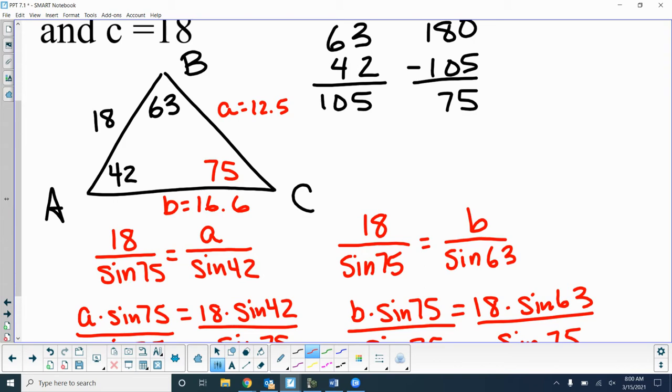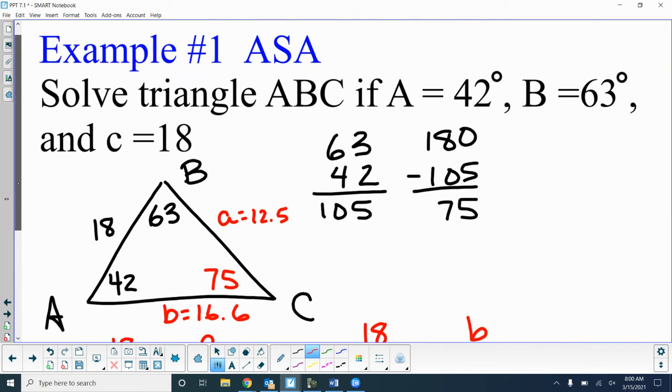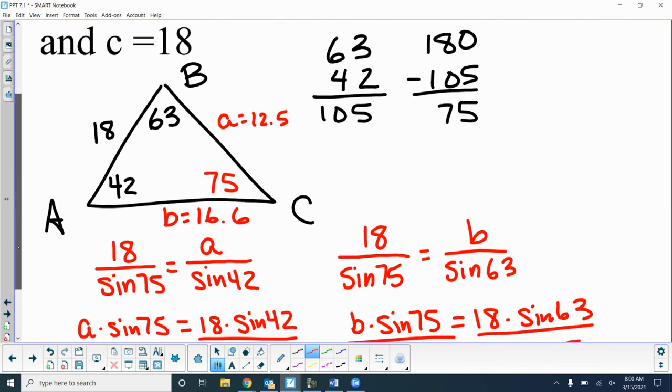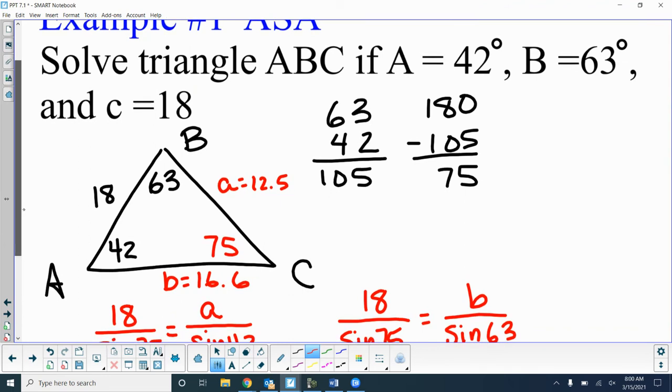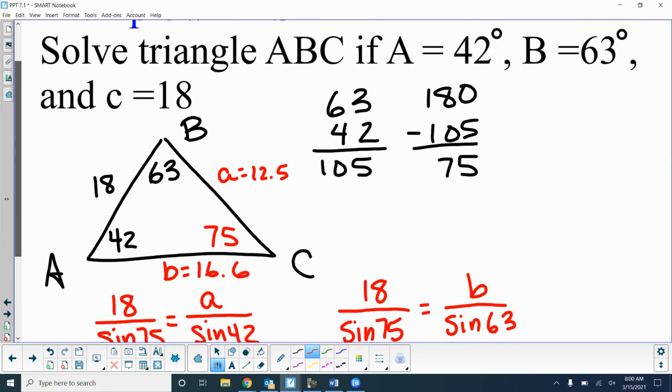Pretty simple. Any questions on that? Okay, so the angle side angle, that's the really easy ones. Okay? So we're good so far? Good.